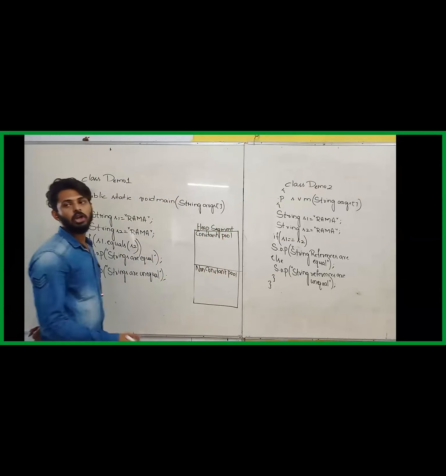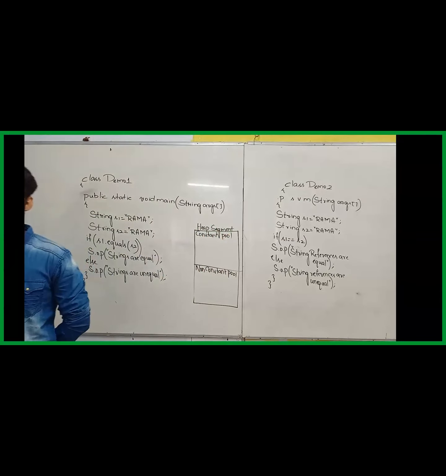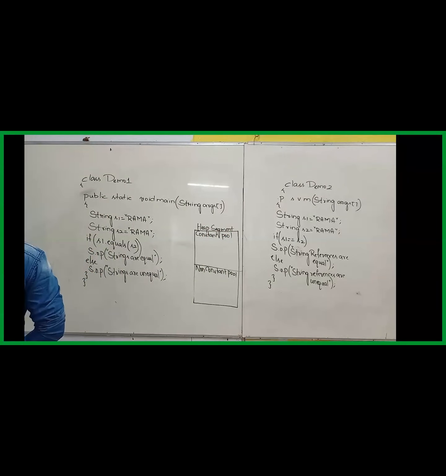Some of you had doubts about the 4 types of comparison, which are the dot equals method, the equal to operator, the dot compareTo method, and the dot equalsIgnoreCase method. How exactly does each one work? That is what we are seeing here. This program is for dot equals, that program is for the equal to operator. In a similar way, I will also discuss compareTo as well as equalsIgnoreCase.